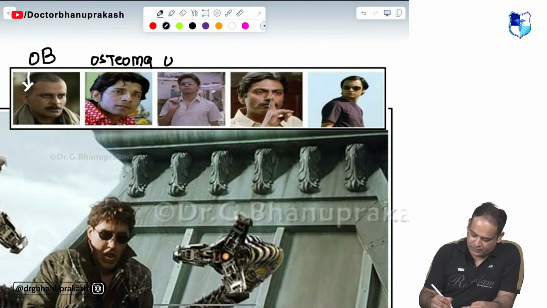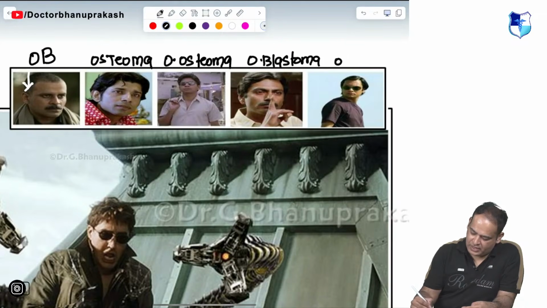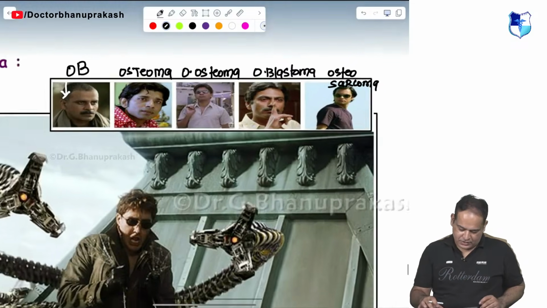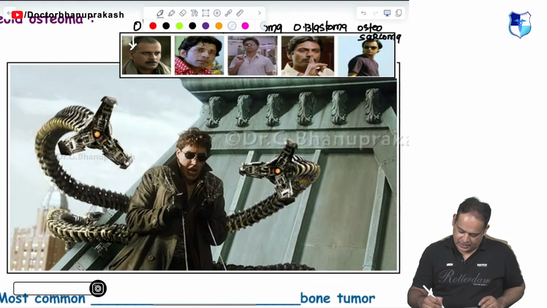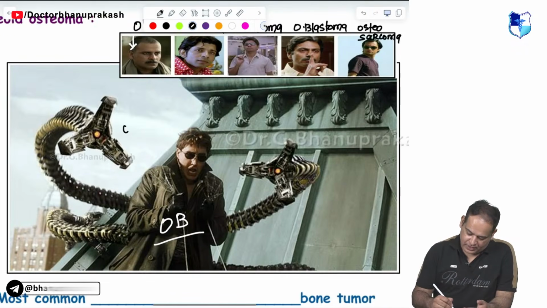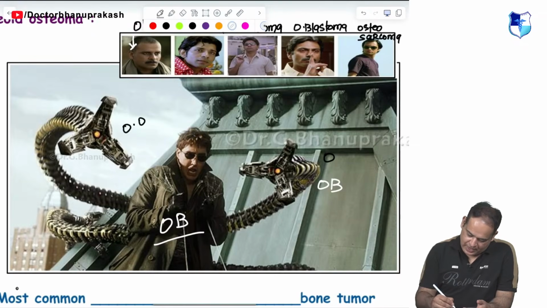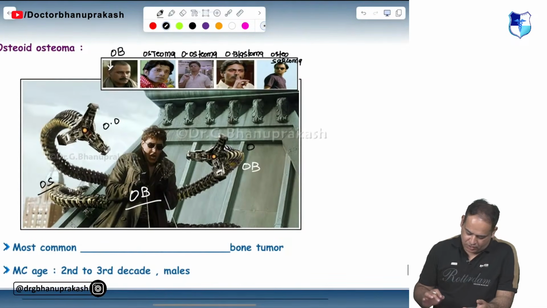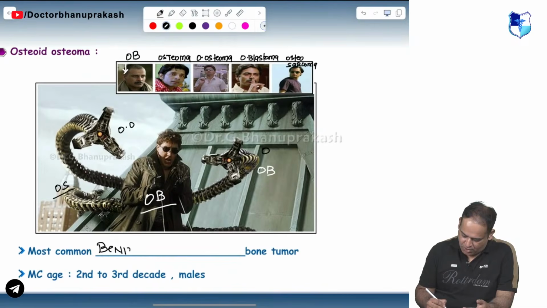Osteoma, osteoid osteoma, osteoblastoma और लास्ट में osteosarcoma, right? तो ये रहा ऑस्टियोब्लास्ट और उसमें से सारे ट्यूमर निकल रहे, ऑस्टियोमा, ऑस्टियोइड ऑस्टियोमा, ऑस्टियोब्लास्टोमा एंड osteosarcoma, right?